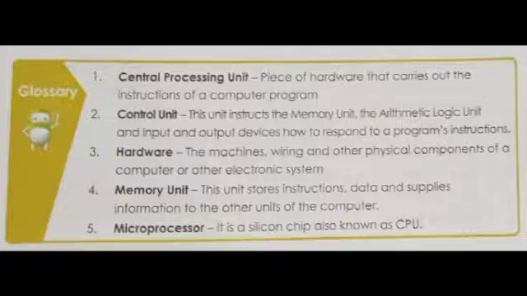Hardware: the machines, wiring, and other physical components of a computer or other electronic system. Memory unit: this unit stores the instructions and data, and supplies information to the other units of a computer. Microprocessor: a silicon chip also known as a CPU.